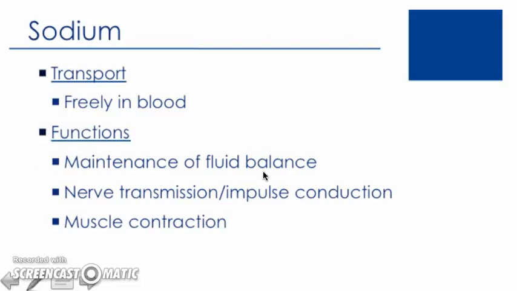We'll talk about its involvement in the renin, angiotensin, aldosterone system, and how sodium is involved in it. This system also regulates blood volume as well as blood pressure. Also, we're going to see the role of sodium in nerve transmission and impulse conduction, so nerve conduction and muscle contraction.